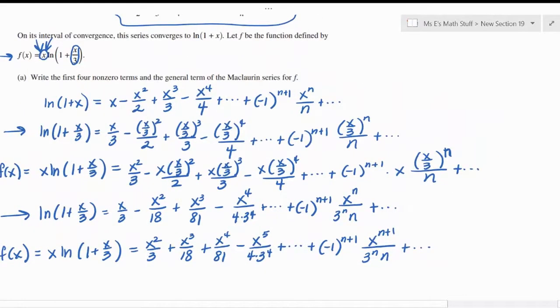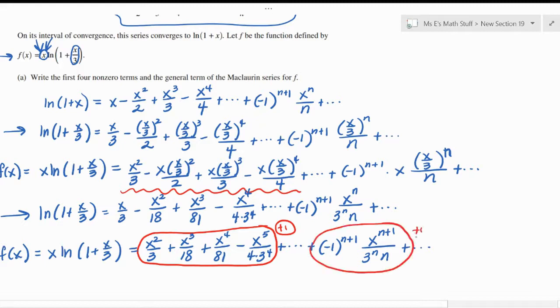For part A, they're going to give you 1 point for the first 4 non-zero terms, which if you had it unsimplified, it could have looked like that as well. And then they're going to give you 1 point for the general term, which you could have had unsimplified as well.